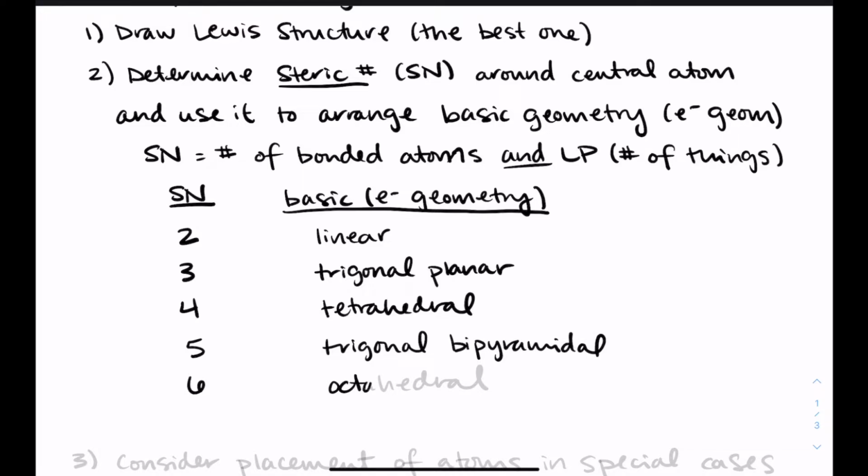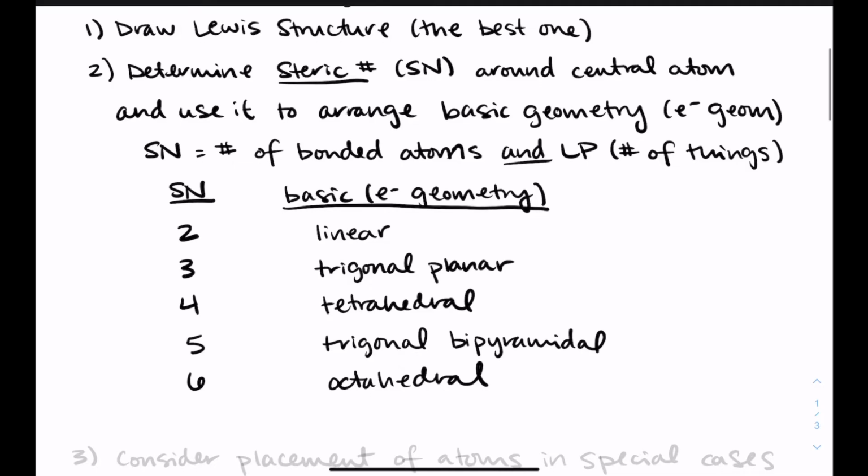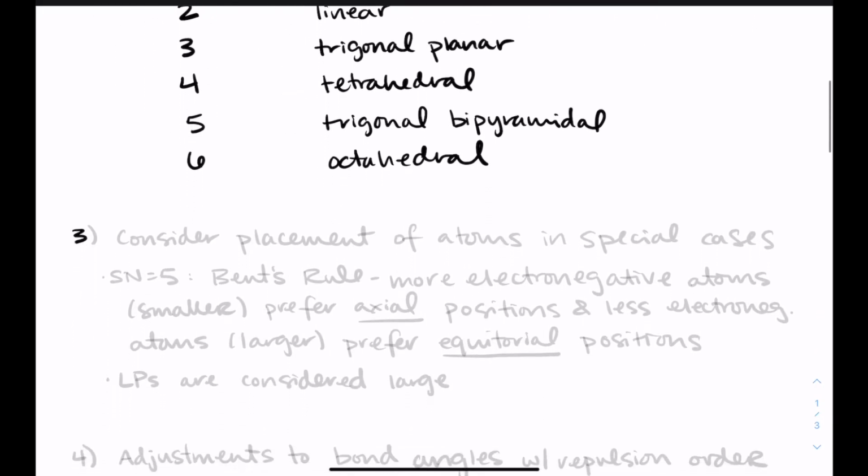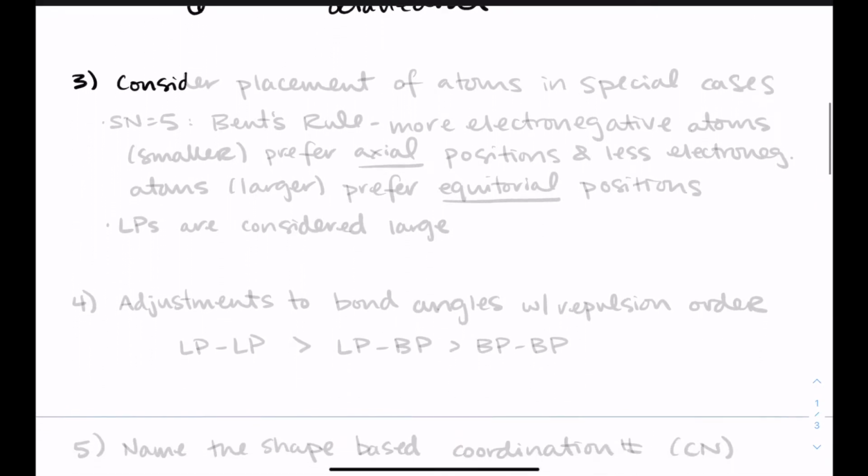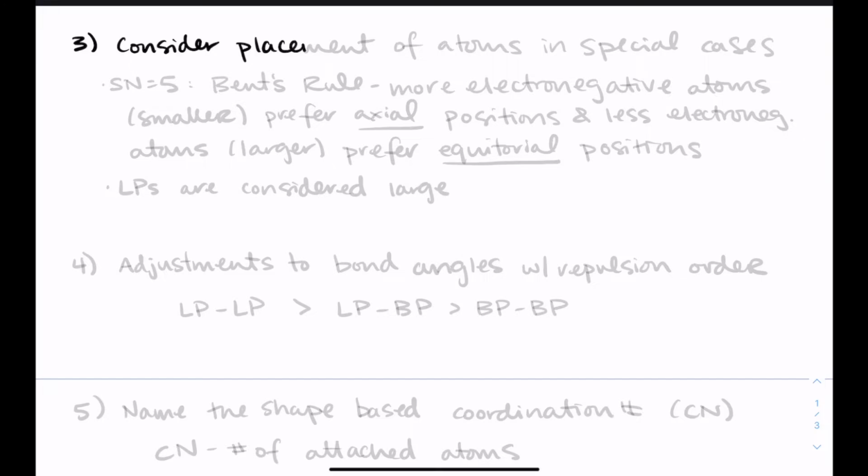When we're organizing these things, we might need to consider the placement of atoms in special cases. And really, it's just for steric number equals 5, which is a special case. It has a rule called Bent's rule.